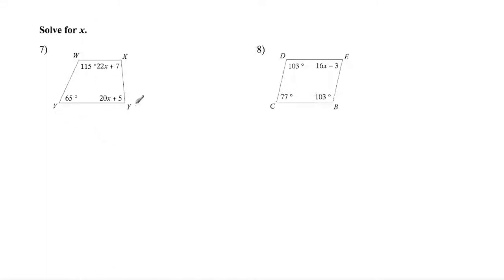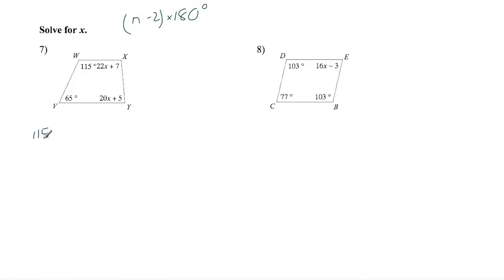But I can't make that assumption. However, I know that the sum of these angles is 360 degrees because of the formula n minus 2 times 180. N is the number of sides. There being 4 sides, I get 4 minus 2, which is 2, and then 2 times 180 is 360.